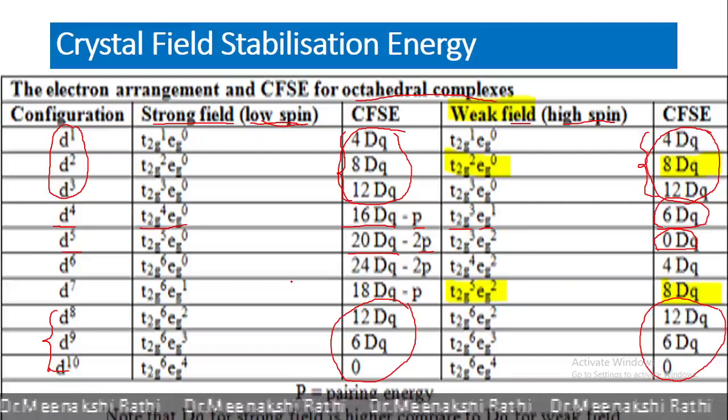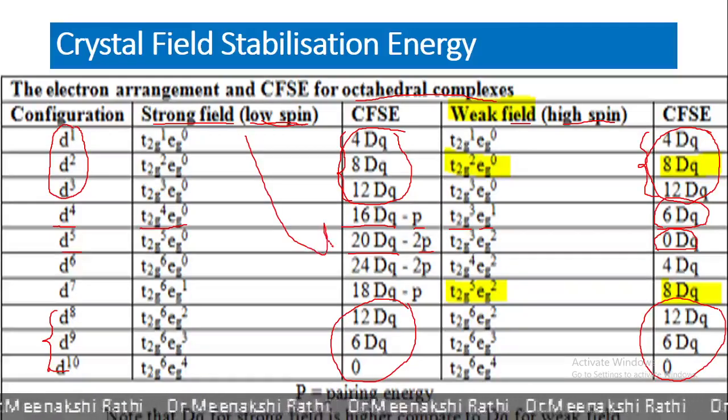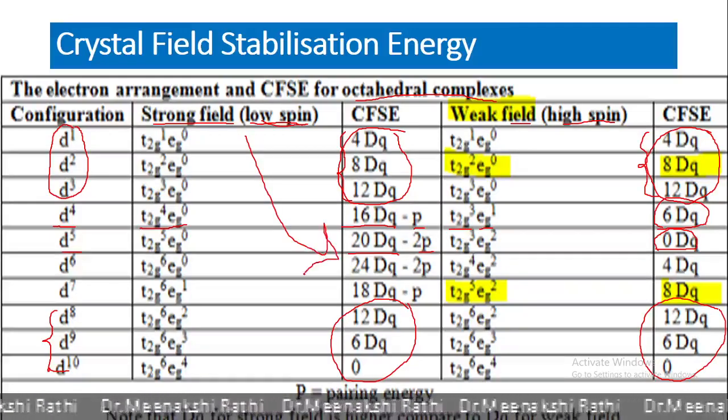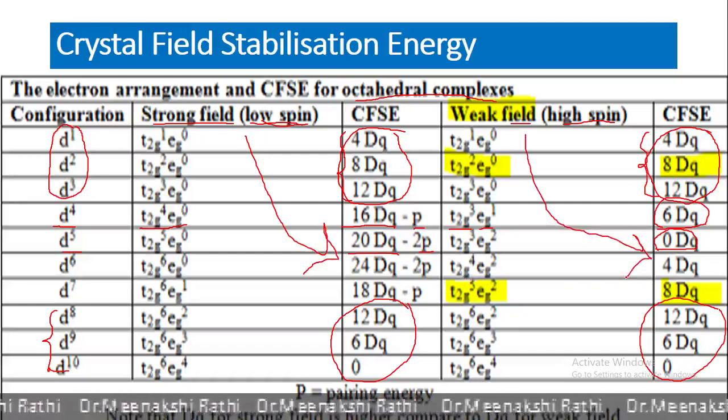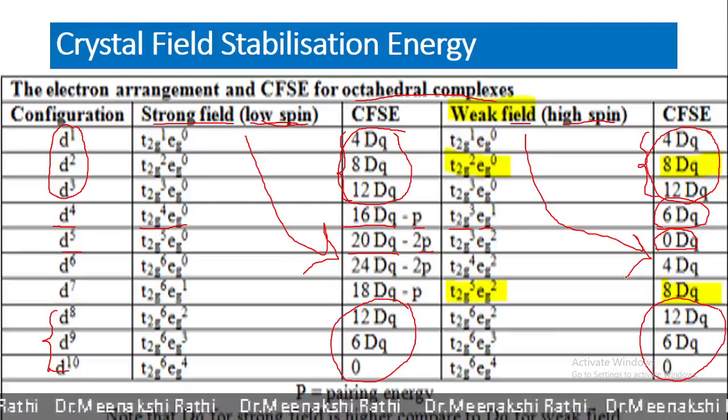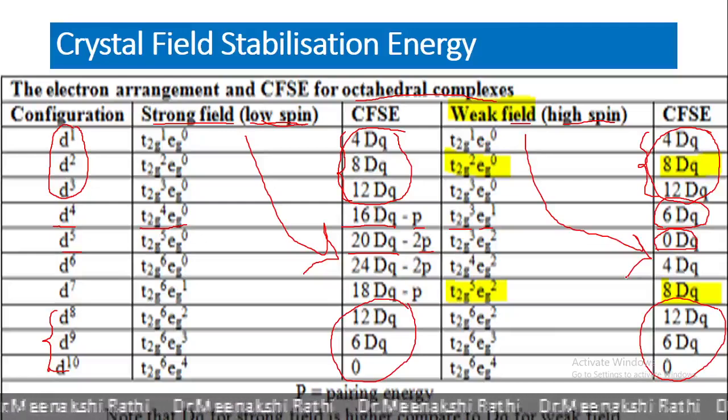Here, you should note that Dq for the stronger field is higher than Dq for the weak field. So how are these calculated? By using the above formula, which we will discuss in the next video.